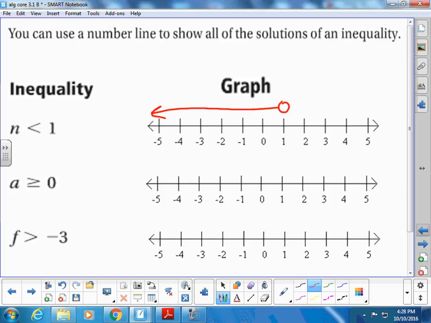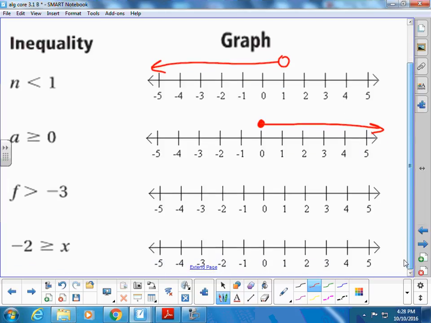So less than points this way. A greater than or equal to 0. It can be 0, or it can be any number larger than 0. F greater than -3. It can't be -3, but it can be any number larger than -3. So that's why we have the open circle, because it can't be -3.